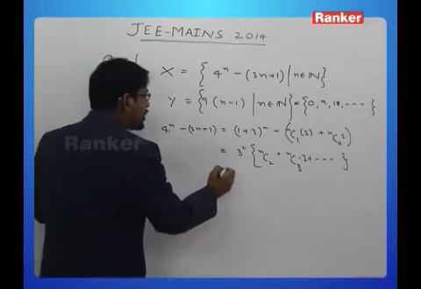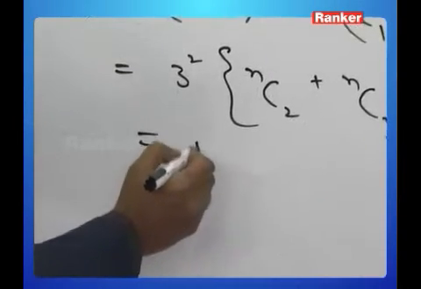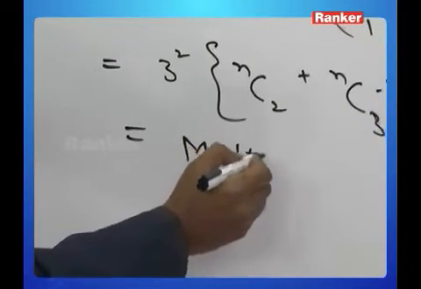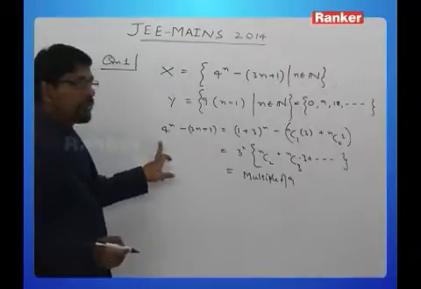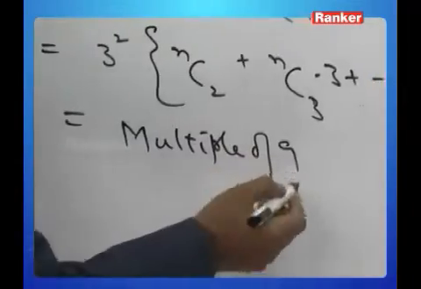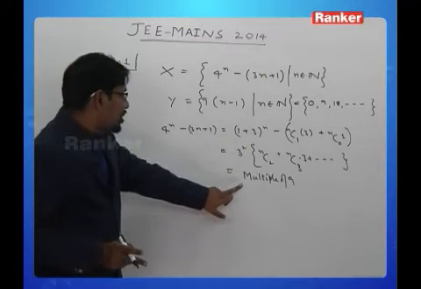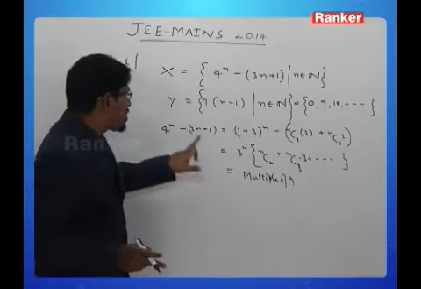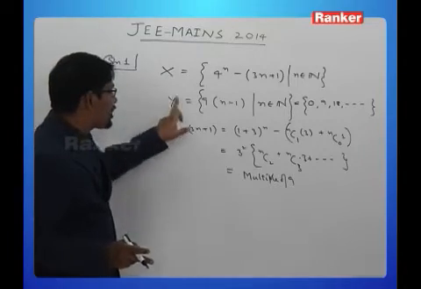So which means that it is a multiple of 9. So this 4 power n minus 3n plus 1 is some multiple of 9, which means that it's a part of our y. So every element of x is a part of our y.